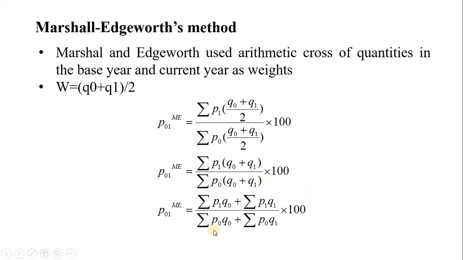This will be the equation for the Marshall Edgeworth index number. The peculiar feature of the Marshall Edgeworth index number is that they considered the arithmetic mean of Q0 and Q1 as the weight.